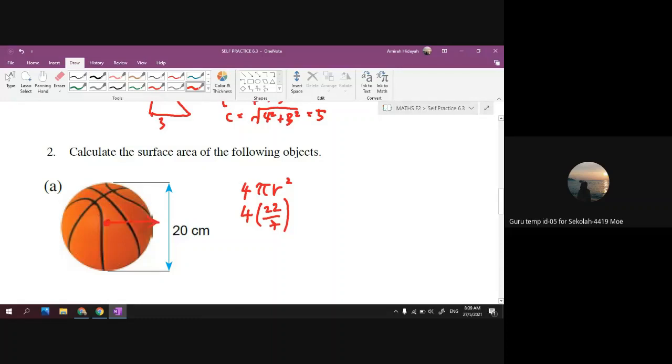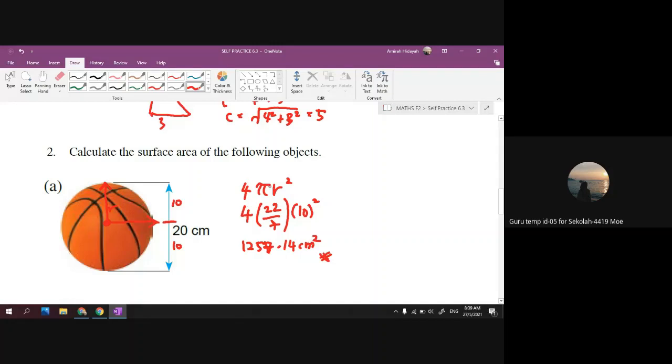Usually kalau radius kamu cari yang panjang ke belah sini kan. Tapi sebenarnya kalau ke atas pun is also a radius. So bagi 2 lah. Kan bagi 2, so sini 10, sini 10. So the radius is 10. So you get 10, 1, 2, 5, 7.14 cm square. Okay, very easy this one.